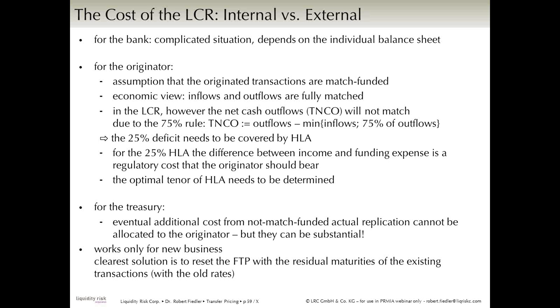And I think the only way to mend that is, as all the things we've seen before only work for new business, the bank would need to reset the FTP and then restart it newly with the residual maturities of the existing transactions, but with the old rates, and then in the future calculate additional costs from the 20% HL, 25% HLR on top of the transfer pricing for the term structure.